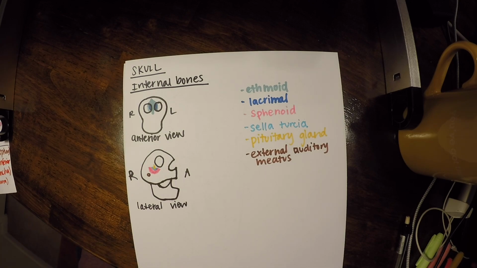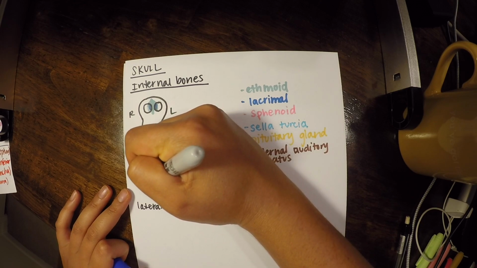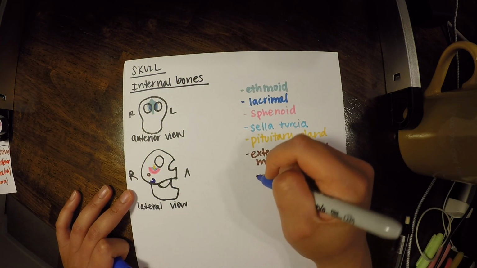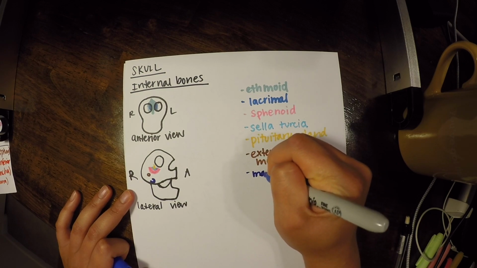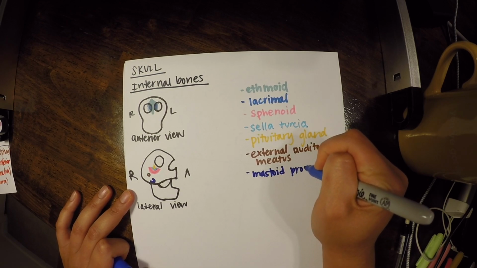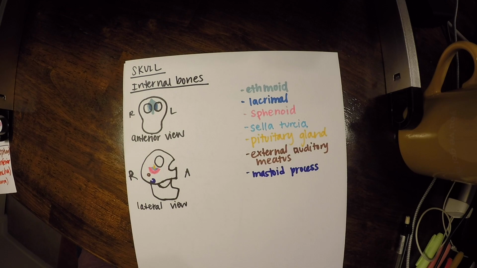mastoid process, which is right about here in this blue color. And process really just means anything that's sticking out. So it's like this little chunk of bone that's sticking out on the skull.